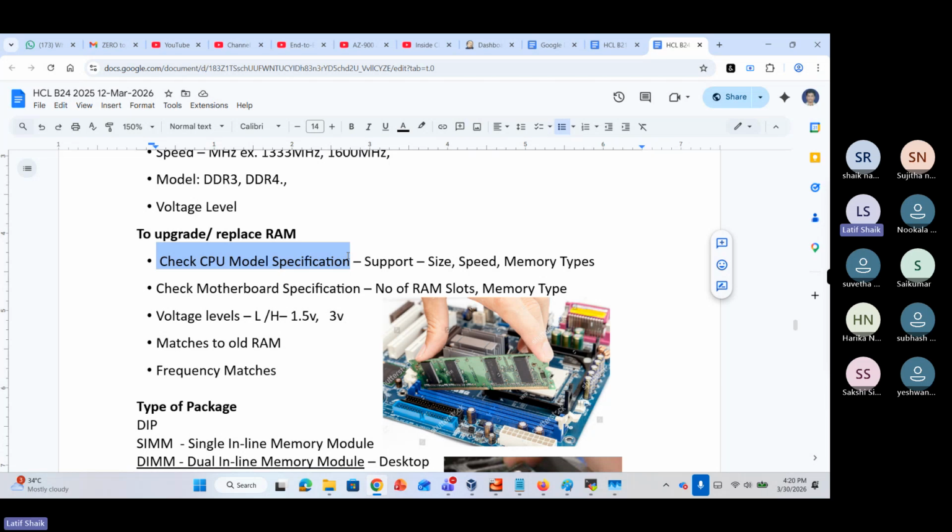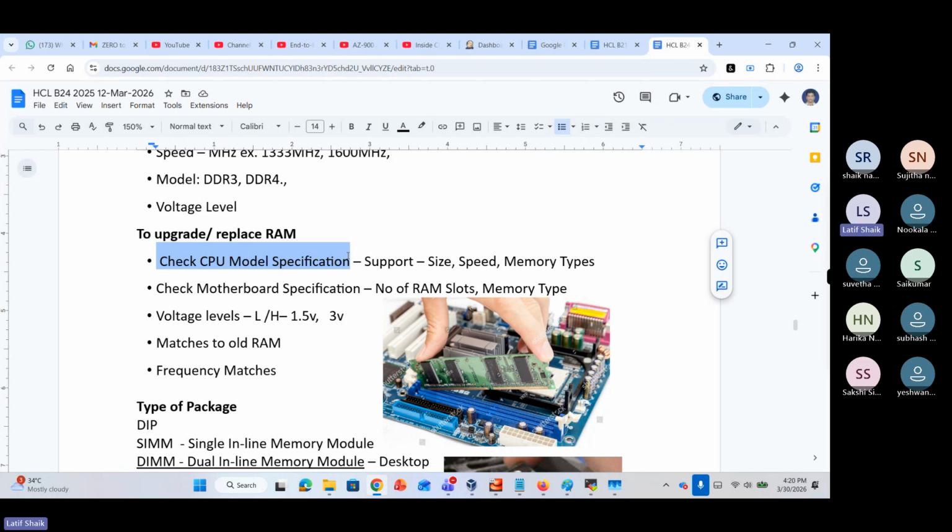First of all, I checked my existing 4 GB RAM and noted down the details. What model? DDR3 model, PC3-12800 means 1600 megahertz, and low voltage. Then I purchased an 8 GB RAM.